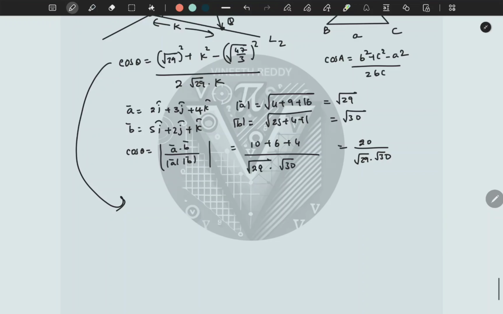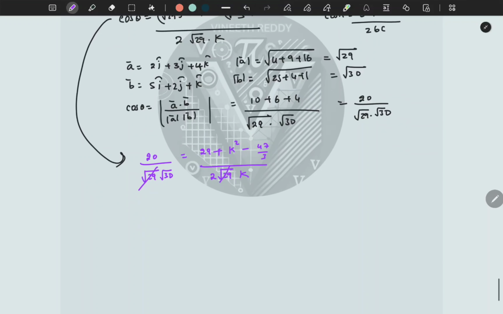Now we can make use of this relation. We can write 20 divided by root 29 into root 30 is equal to 29 plus K square minus 47 divided by 3, over 2 root 29 into K. Root 29 gets cancelled.